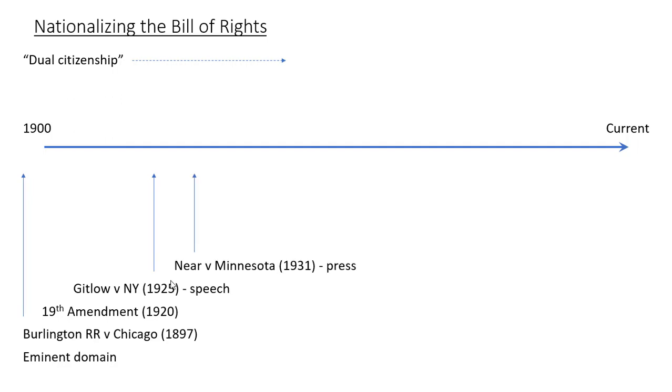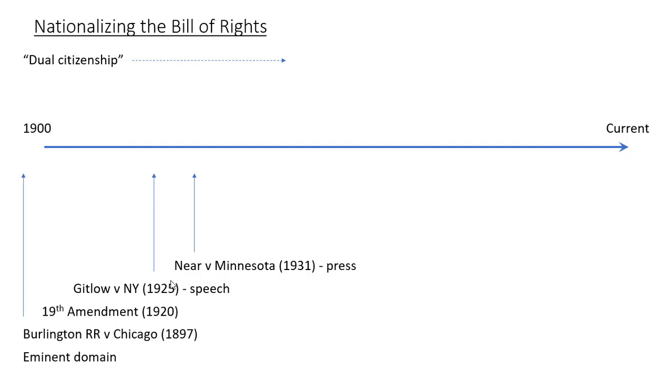We're progressing here. Now, in 1931, there was a case, Near versus Minnesota, where Minnesota had censored a news outlet from printing a news item ahead of time because they didn't like what this newspaper was going to print, so they told them they couldn't print it.